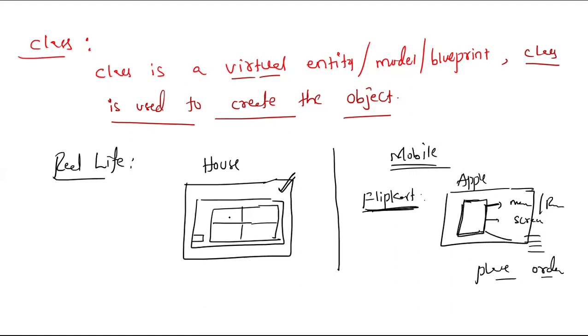It's not real. Does this house occupy any space on the paper? No. Does this mobile phone hold any weight? No, we are just experiencing it by checking over the applications.